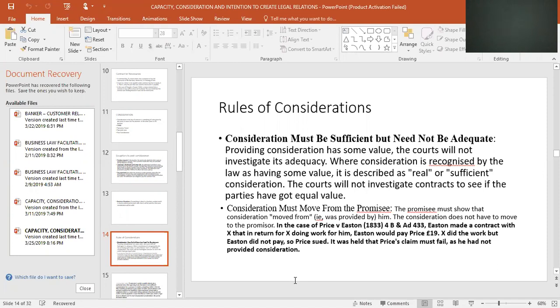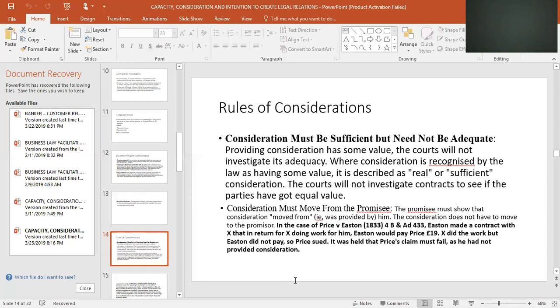Now, if we say that consideration must move from the promisee to the promisor, then we are saying that it is the promisee, the one to whom the promise has been made, who is supposed to give the consideration, which is the major important item in the agreement the two of them have undergone.